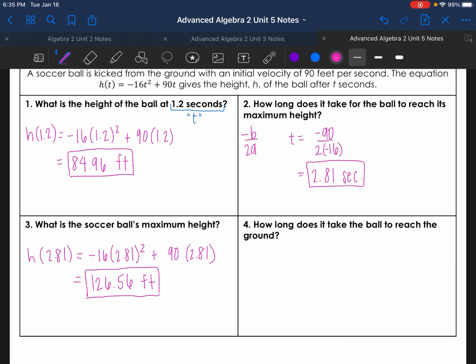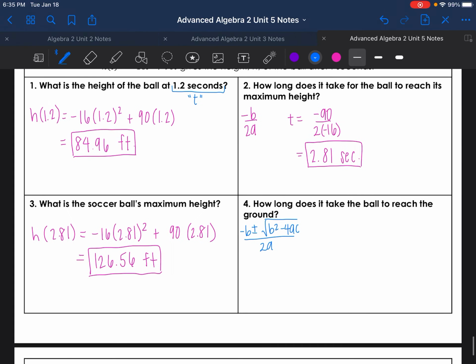All right, number 4, how long does it take the ball to reach the ground? So we're going to do the quadratic formula. Okay.